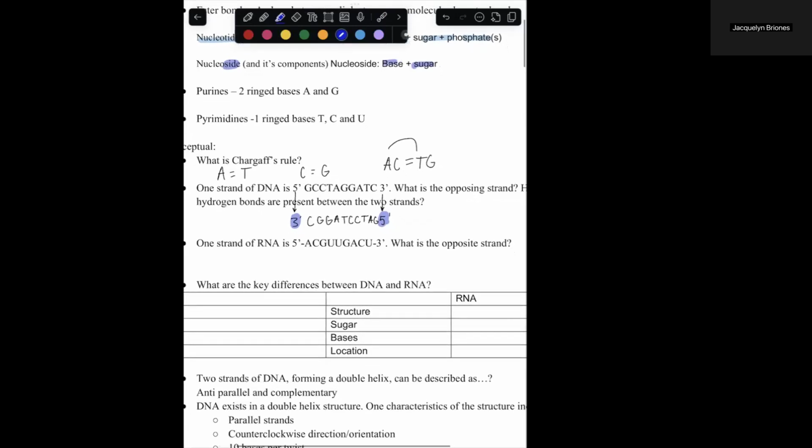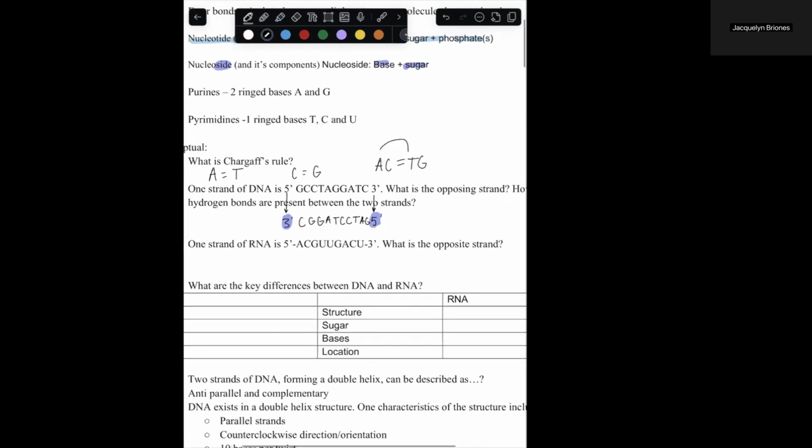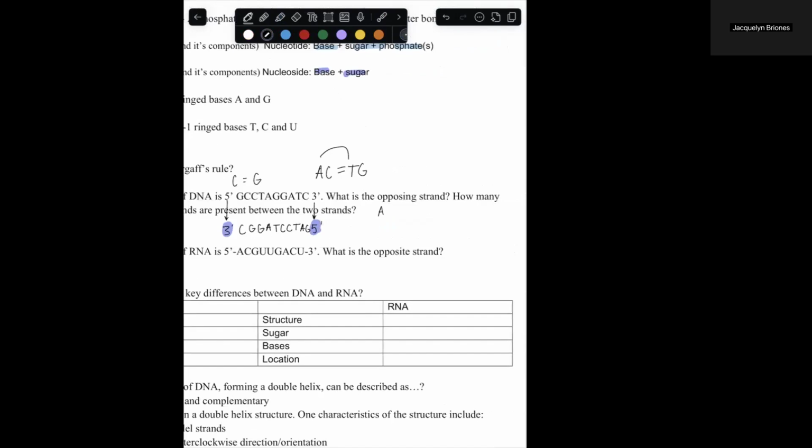How many hydrogen bonds are present between these two strands? We know our AT bonds have 2 hydrogen bonds, and our C's and G's have 3 hydrogen bonds.